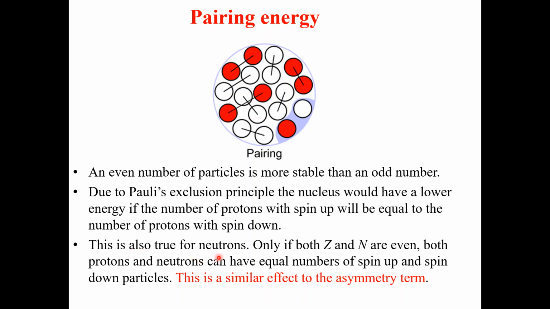Neutrons also have a spin, so the Pauli exclusion principle is equally applied to the neutrons as well. Only if both proton and neutron numbers are even can both have an equal number of spin up and spin down particles. This is a similar effect to the asymmetry term.